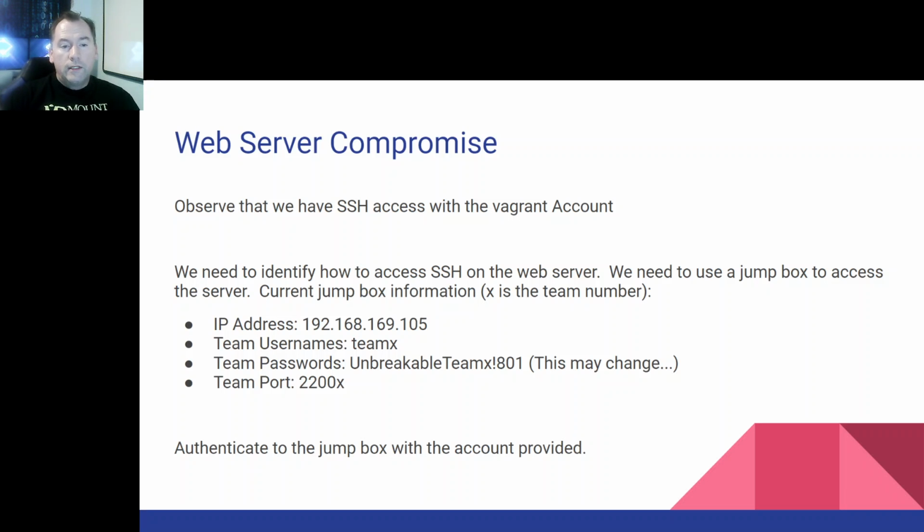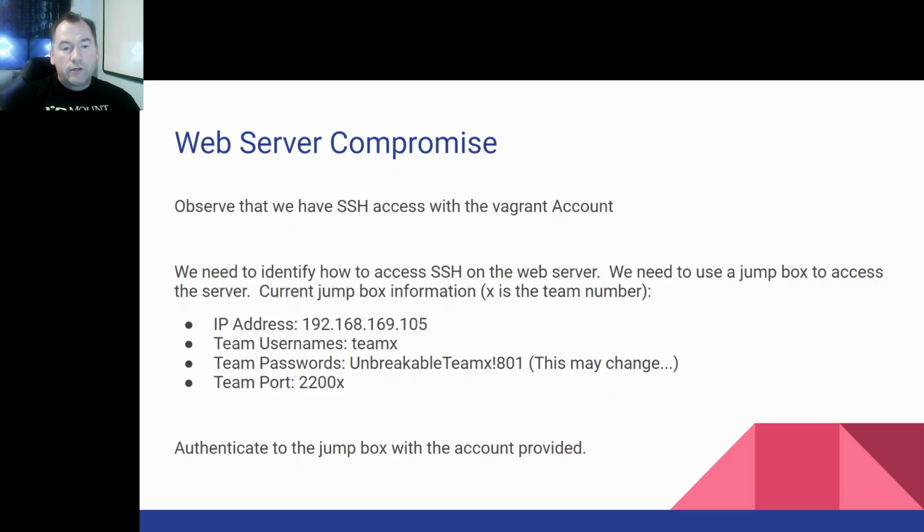You need to first connect to that IP with your username, team X, X being your team number. So if you're team 2, the username would be team2. Then your team password, which would be unbreakable team X, X being the number, bang 801 being the area code. That password may change because it's in this recording.